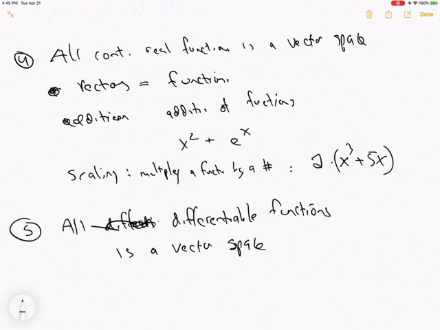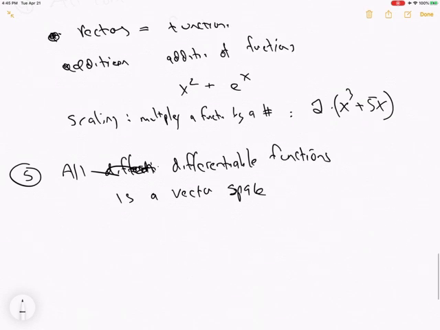Because if two functions are differentiable, that means you can calculate their derivatives, then you can add them together and calculate the derivatives. The derivative is distributed over addition, so you can still calculate all the derivatives. If you multiply a function by a number, then when you take the derivative, you can pull out the constant, so you can still take the derivative. So all differentiable functions is a vector space.